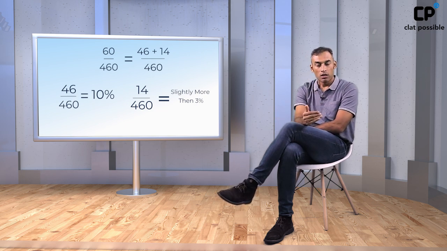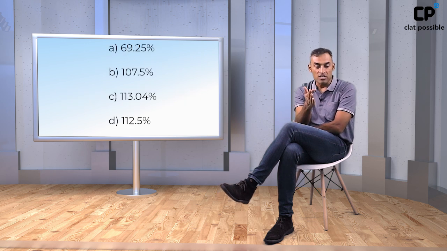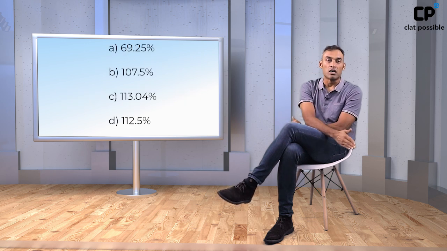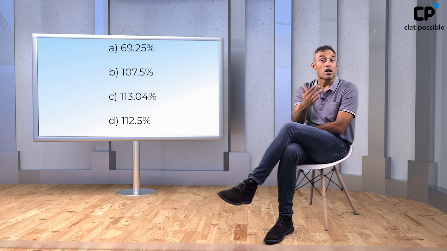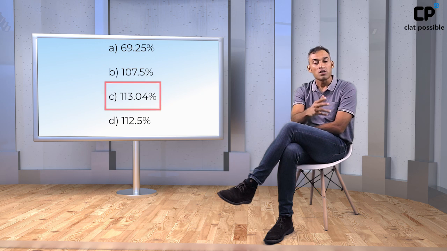So that makes it slightly more than 13%. So if there is an option like 113% plus, and there is an option which is slightly less than 113%, we're going to look at the 113% plus answer choice. So this is how we do it.